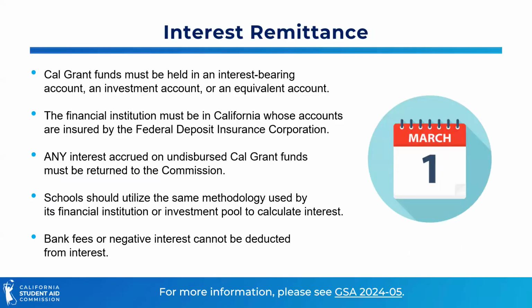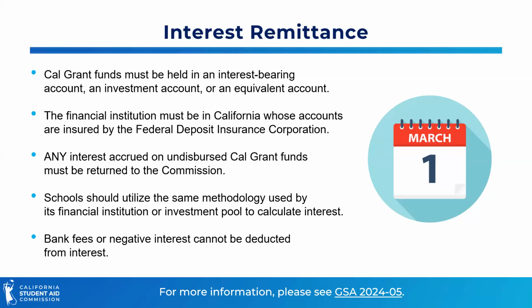Now, the majority of institutions have a bank account where their Cal Grant funds are initially deposited. Part of your IPA and your agreement to administer Cal Grant is that you must do interest remittance.